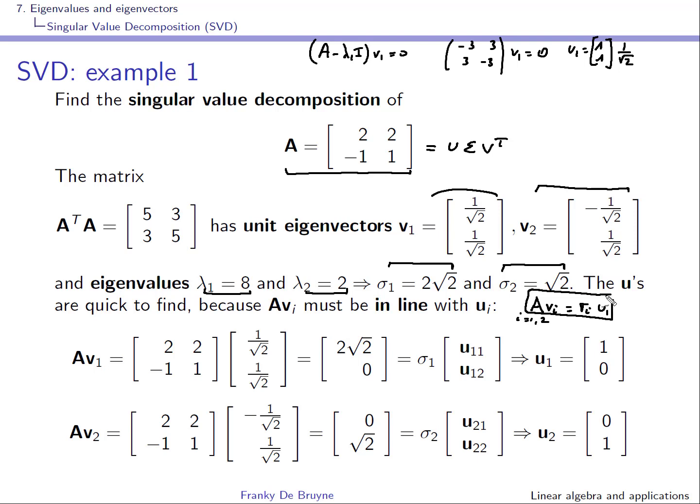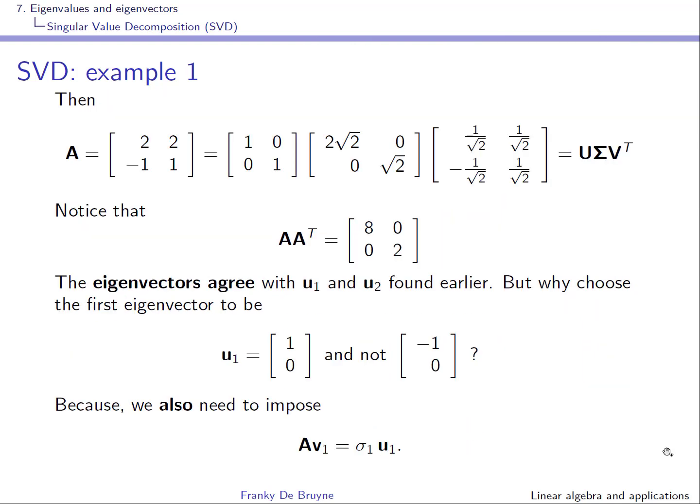If we do that for these two vectors, AV1 is this vector over here, AV2 is this vector over here, and it should be sigma 1 times a unit vector. Sigma 1 is 2 square root of 2, and sigma 2 is square root of 2. So obviously we find u1 and u2, and we can write the singular value decomposition of the matrix A.